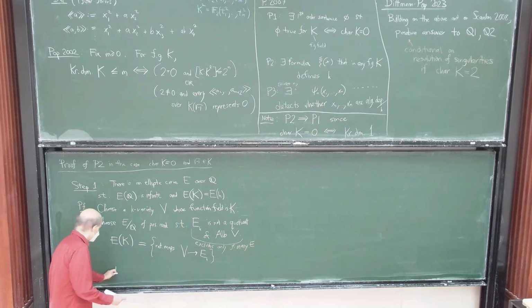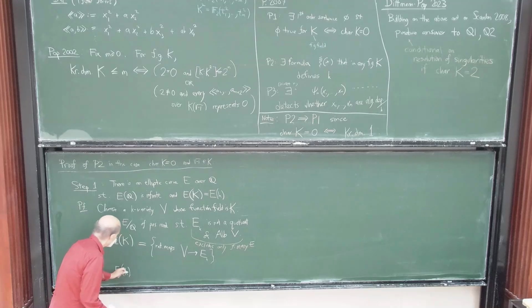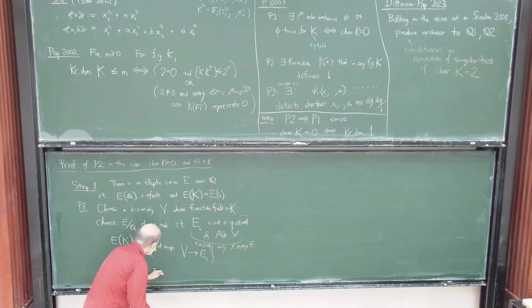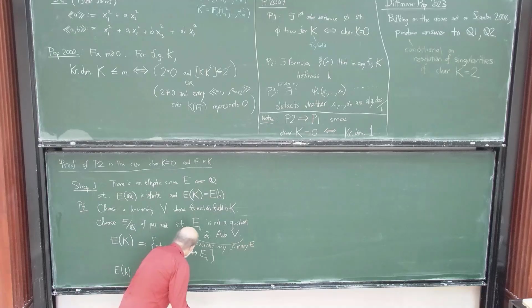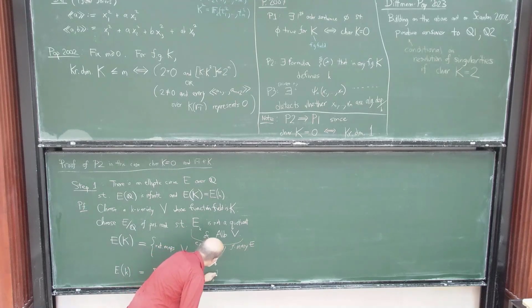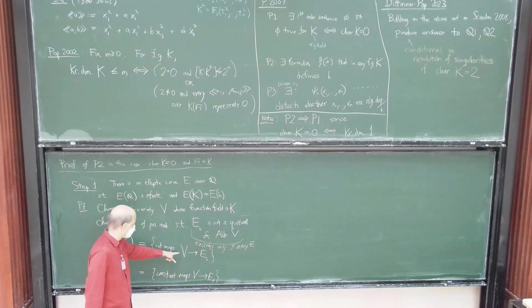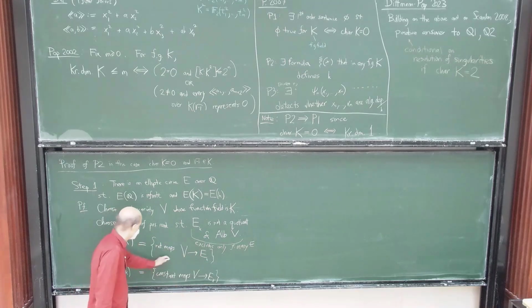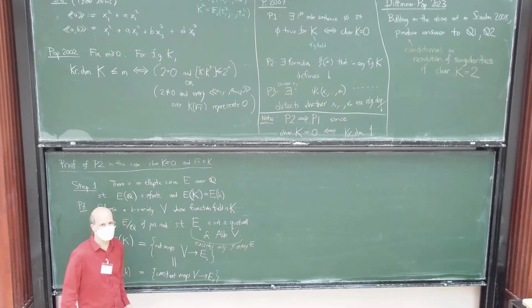On the other hand, the points of E over little k correspond, under this interpretation, to the constant maps among these rational maps, the constant maps from V to E of k. But the condition we chose is exactly what guarantees that you only have the constant ones. So this is the same, and that gives you this condition.